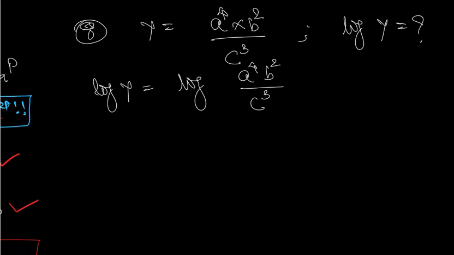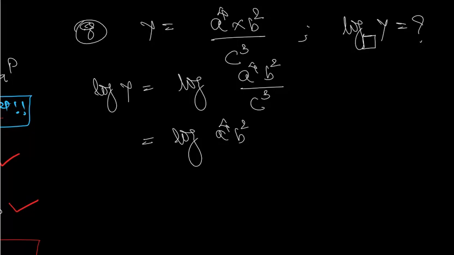So first, which law you will apply? You will apply the quotient law. So it will become log of a raised to 4 b square. Now just pay attention that they have asked me to find log y. There is no base over here. So if there is no base, what kind of logarithm is this? This is common logarithm. So base is 10, but no need to write.